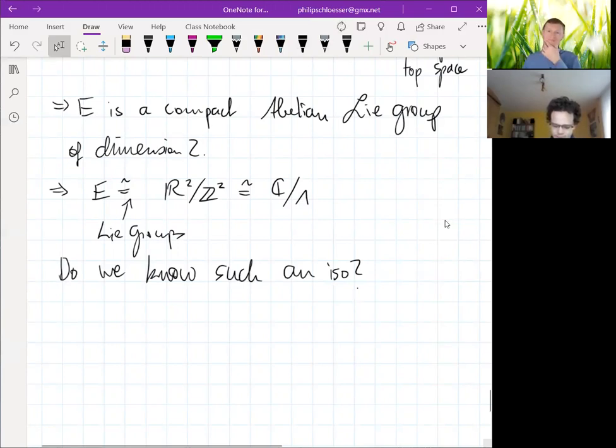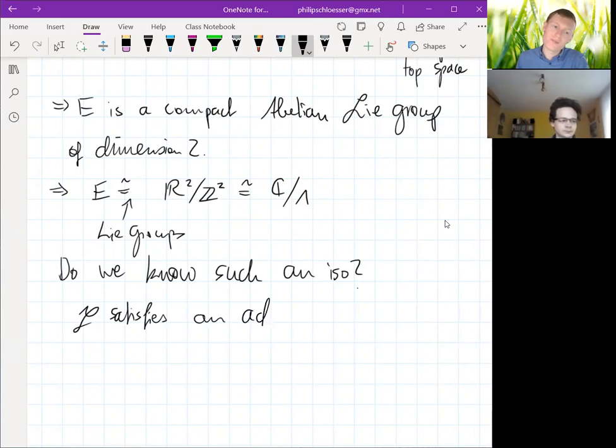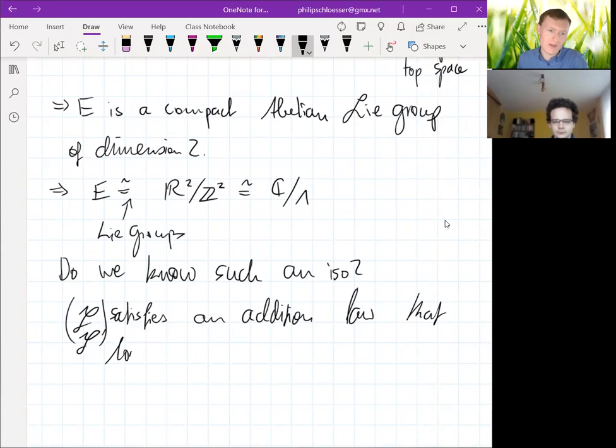And the amazing answer is yes, we do, because the Weierstrass P function has an addition identity, and I guess its derivative too, that looks exactly like the expression we used to define the addition on E.